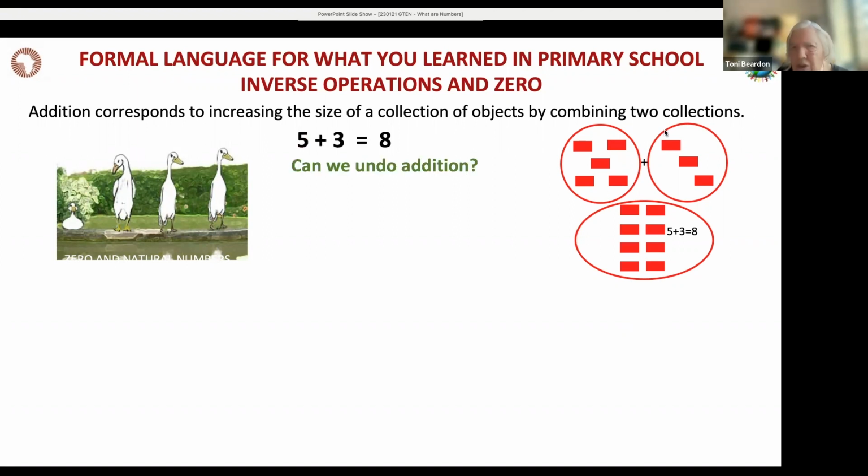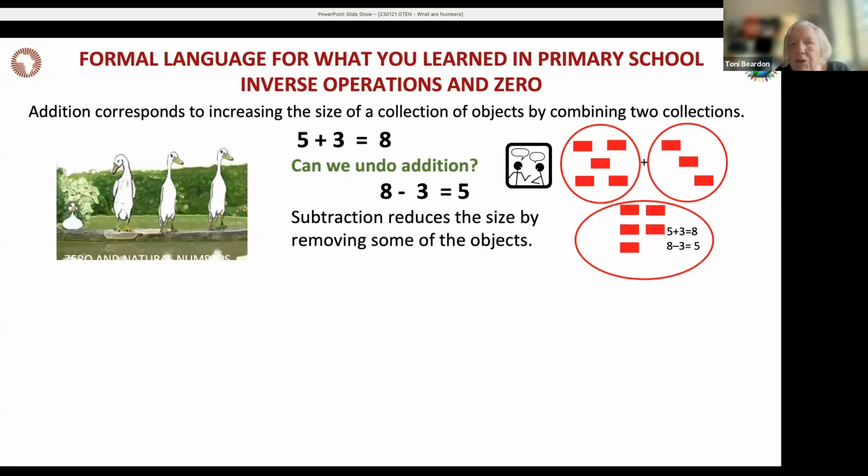We undo addition. What happens? How do we undo that process that we've just seen? Yes, and if you look at what's happening in the box, we undo it by taking away 3.